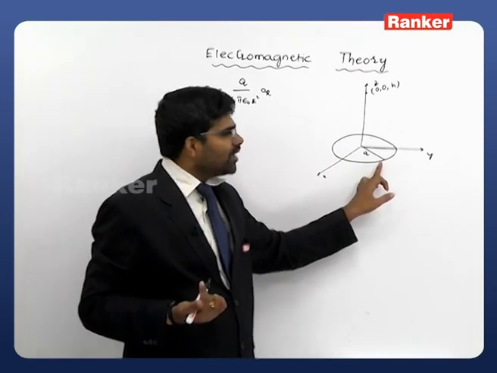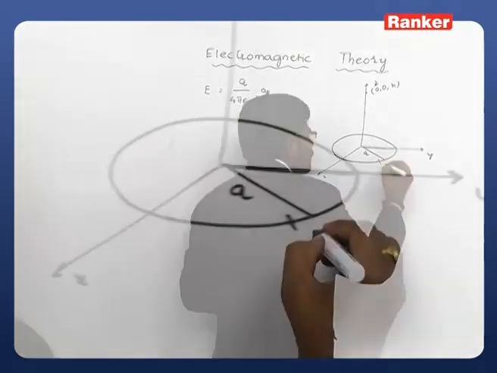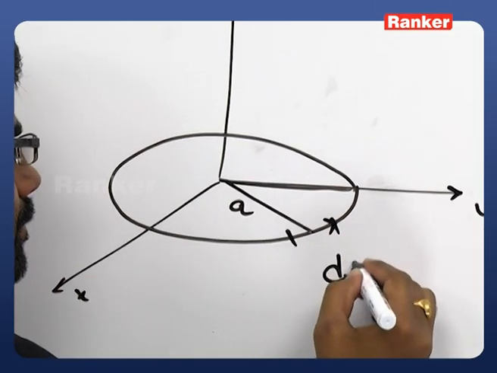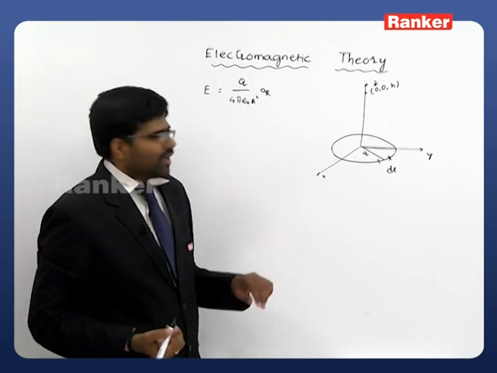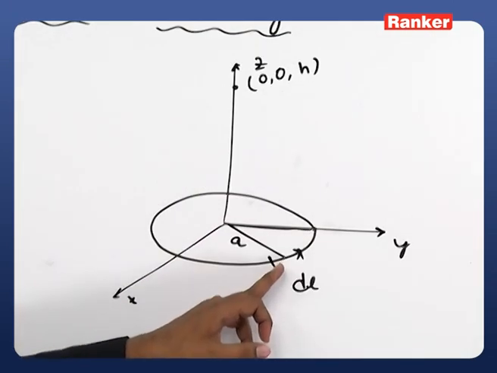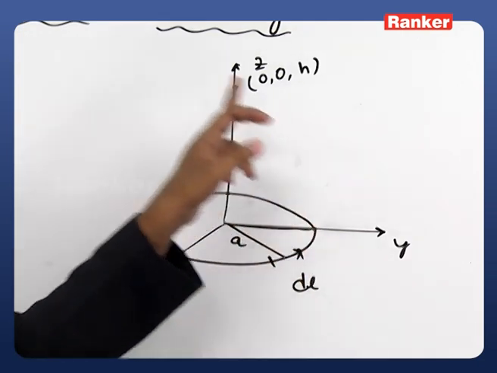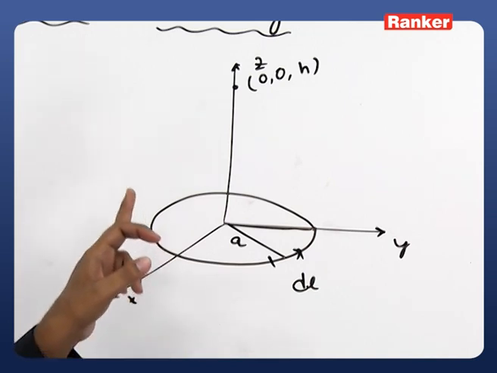Since it is not a straight line, we will take a differential element at some particular point, and integrate this differential element throughout the length of our ring. That is what we considered.